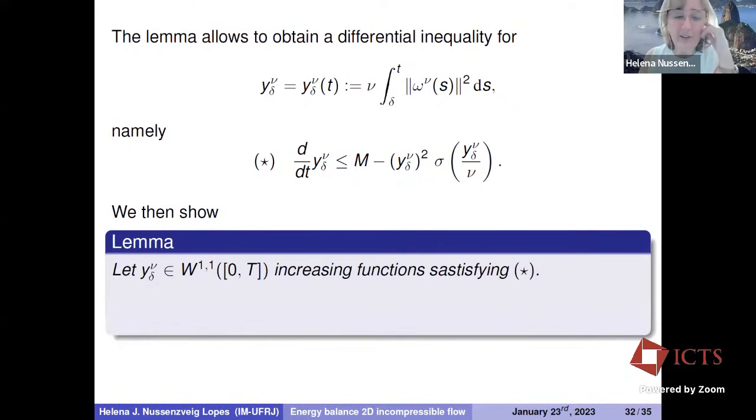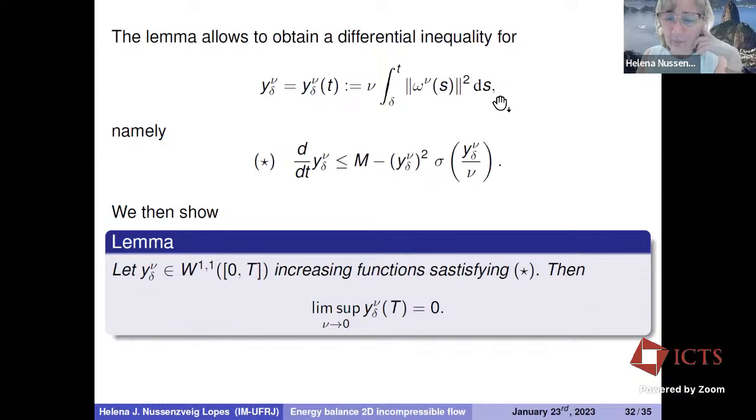which then allows us to show that if y nu are increasing functions satisfying this differential inequality, then the lim sup as nu goes to 0 is 0, which is what we want. We want nu times the integral from delta to capital T, the limit when the viscosity vanishes, we want this to be 0.